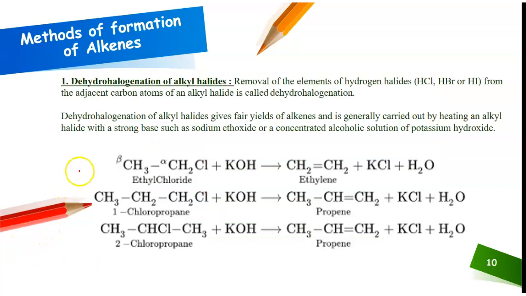As I said, today we are going to see the first method of formation of alkenes and the most important one, which is dehydrohalogenation of alkyl halide. As the name suggests, dehydrohalogenation, which means removal of the elements of hydrogen halide from the adjacent carbons of an alkyl halide, is known as dehydrohalogenation.